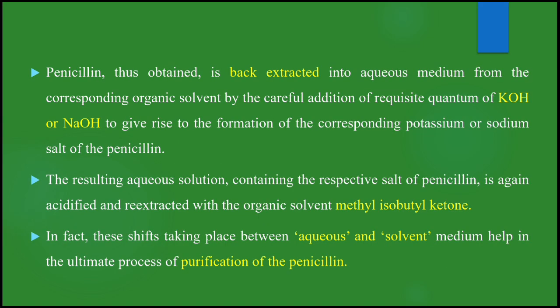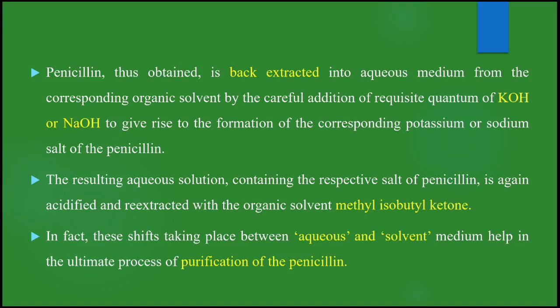Penicillin thus obtained is back extracted into aqueous medium from the corresponding organic solvent by the careful addition of the requisite quantity of KOH or NaOH to give rise to the formation of the corresponding potassium or sodium salt of penicillin.